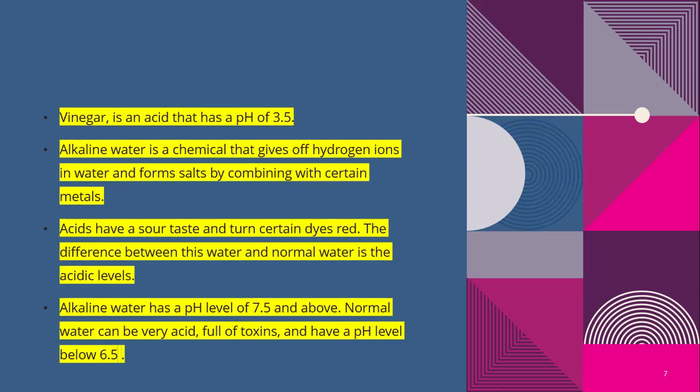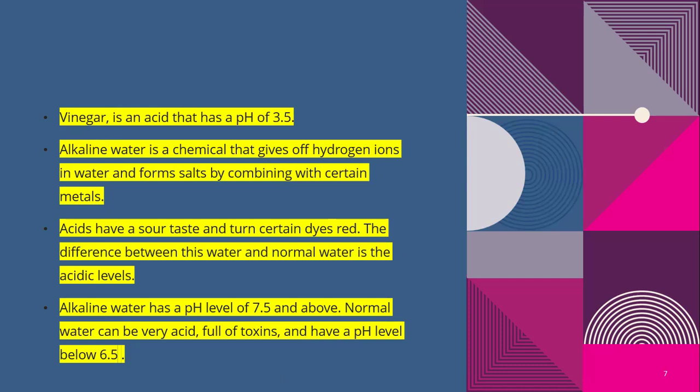Vinegar is an acid that has a pH of 3.5. Alkaline water is a chemical that gives off hydrogen ions in water and forms salts by combining with certain metals. Acids have a sour taste and turn certain dyes red. The difference between this water and normal water is the acidic level.